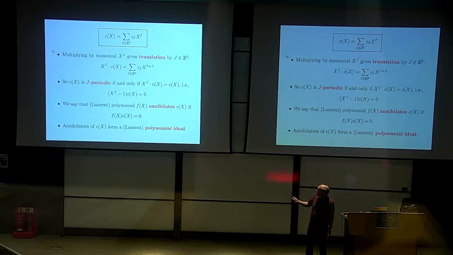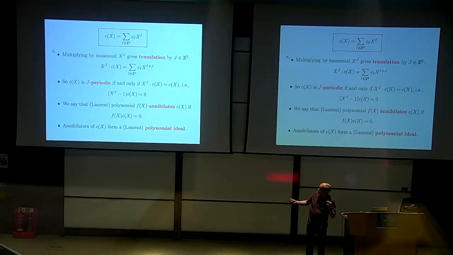So for example, if I multiply my power series by monomial x to j, I'm adding j to all the exponents of my variables, so I'm translating my configuration by vector j. So multiplication with x to j is the same as translating the configuration by vector j. So it means that I can express periodicity now.